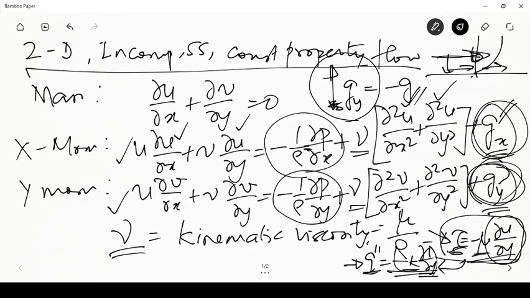Okay, so you can basically look upon all of these equations as what you call advection diffusion equations or convective transport equations. So this is an interesting fact that all of these equations have very similar forms.